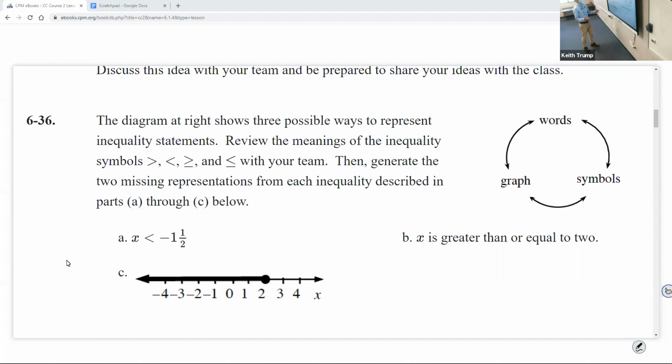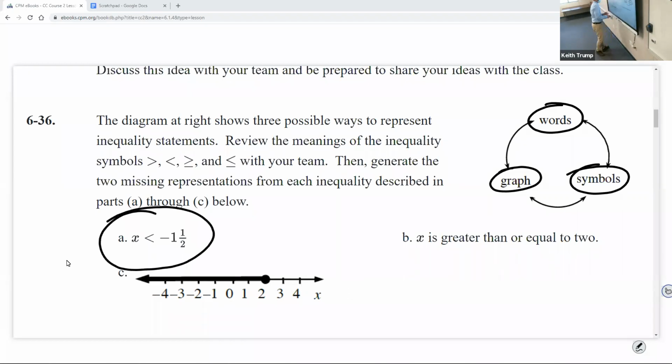The diagram at right shows three possible ways to represent inequality statements. You can use a graph, which is a number line. You can use words, or you can use symbols. This is an example of using a symbol to show an inequality. Remember, an inequality is using the less than, greater than, or the less than or equal to, greater than or equal to symbols.